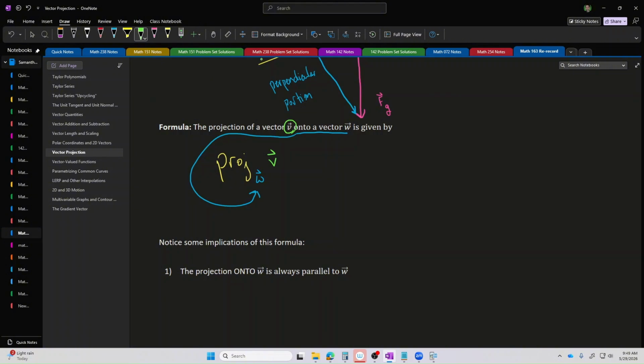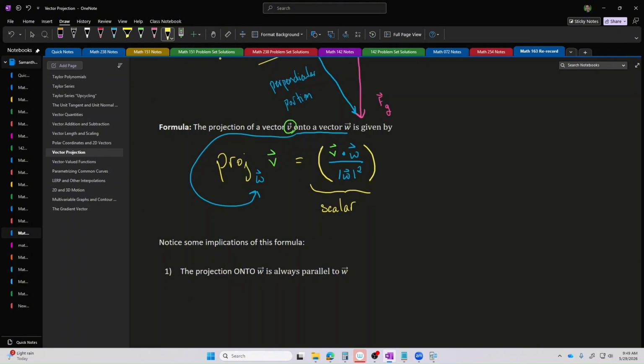If I'm projecting the vector v onto the vector w, the formula for that is as follows. The first thing that I'm going to do is find a scalar multiple. And the scalar multiple that I'm going to find is equal to a fraction where v dotted with w is in the numerator, and then the squared length of w is in the denominator. So to emphasize, this quantity here in the parenthesis is a scalar multiple.